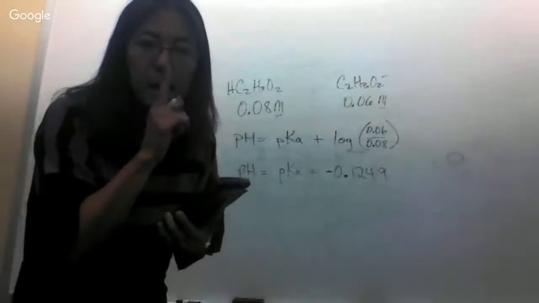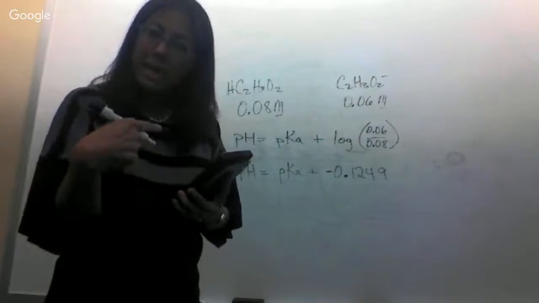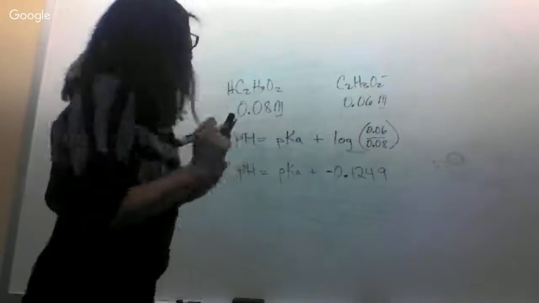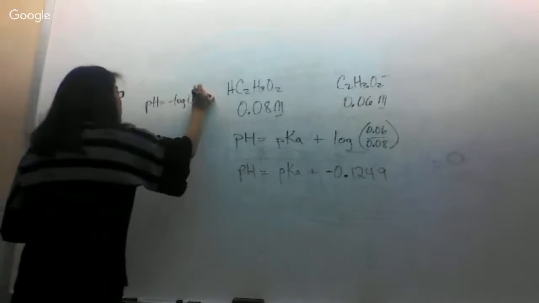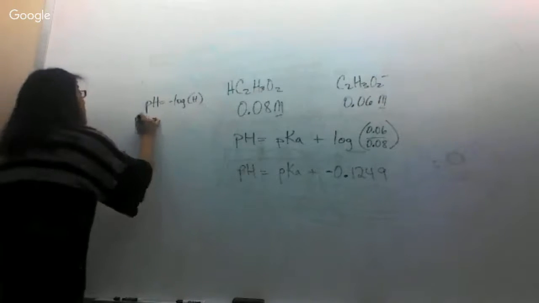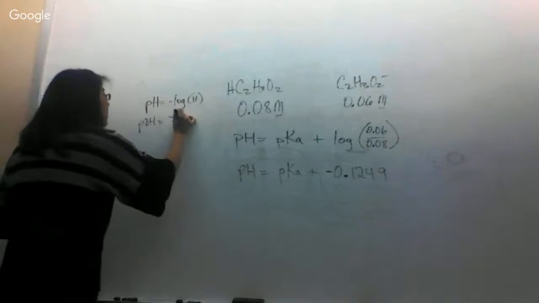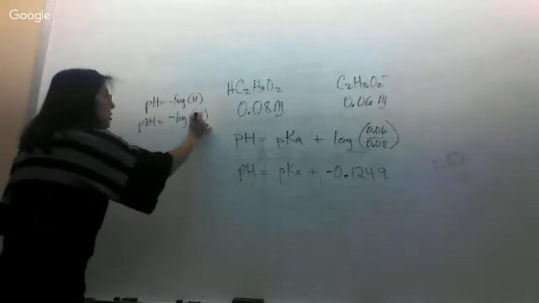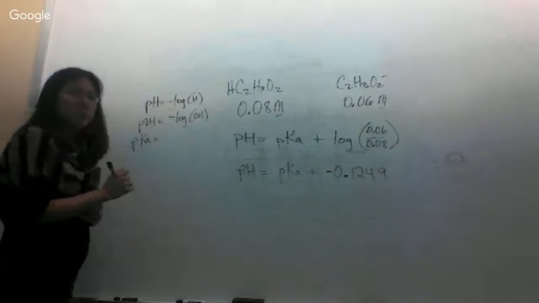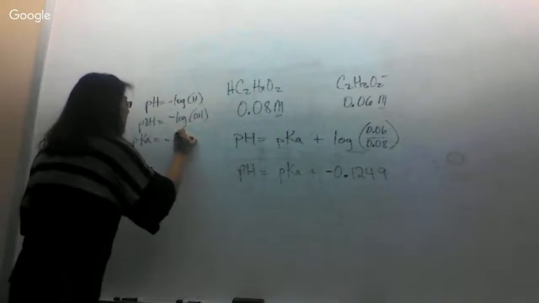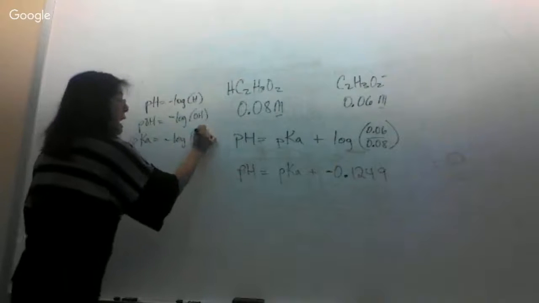All right. Now, how do I do a pKa? Well, pH is negative log of an H. pOH is a negative log of an OH. So what do you think pKa might be? Oh, I don't know, maybe negative log of the Ka?